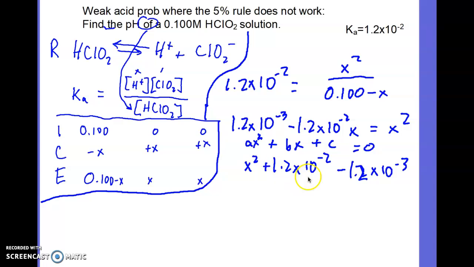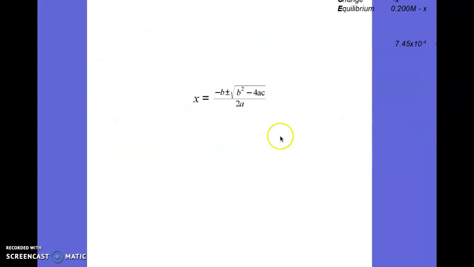So I want to plug in: a is 1, b is 1.2 times 10 to the minus 2, and c is minus 1.2 times 10 to the minus 3. So you plug that in, and because it's plus or minus, you get two different answers.